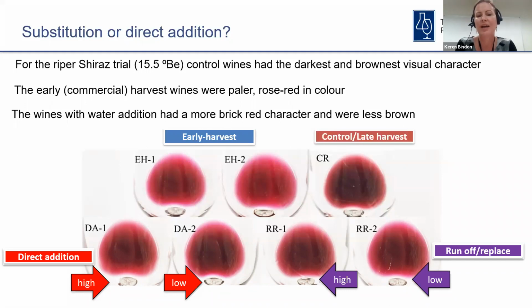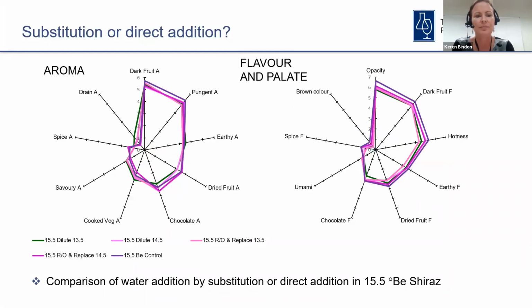And if we look back at that earlier graph that I showed you, what we will see there is that the brownness was in fact visually evident from the sensory panel. So here I can show it to you. So there's that change in brown colour there with the water addition, so it's decreasing with that water addition.